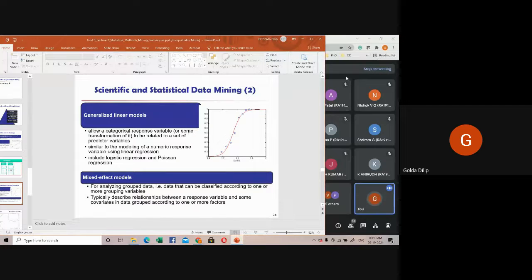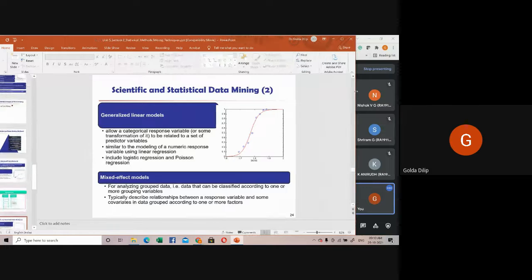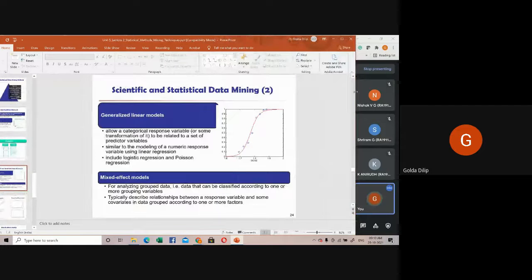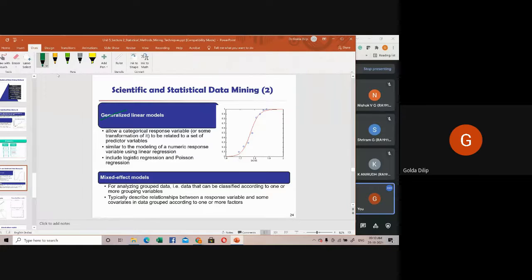Okay, so today we discuss the generalized linear model and the mixed effect models. When you say generalized linear model, it's a terminology which encompasses a number of models.